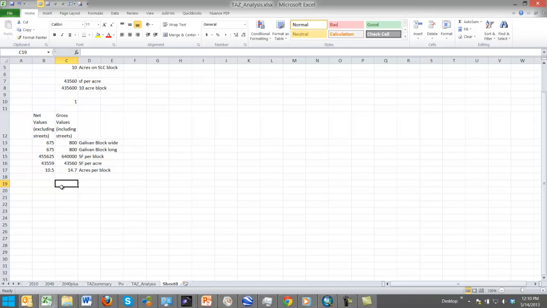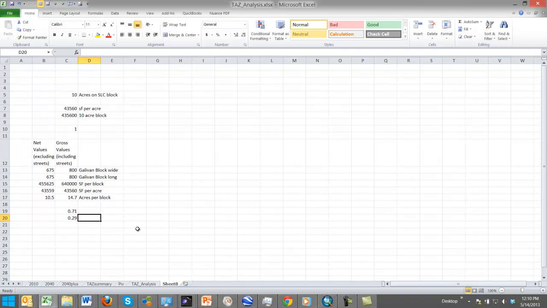So let's just see what that is. That means that if I take this over this, that's 71%, and then I go equals 1 minus that, 28. That means that 71% of the land in downtown is kind of developable, and a full 29% of the land is dedicated to public right-of-way in most of downtown.